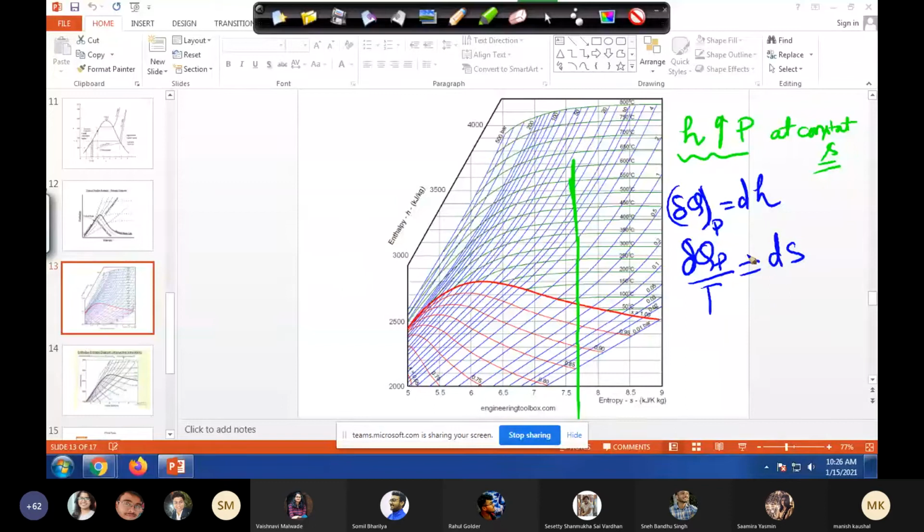You want a relation of H versus P. I think I should be able to get it. That's not a problem. H we know as U plus PV. And I also know that ∂H by ∂S at constant P is T.